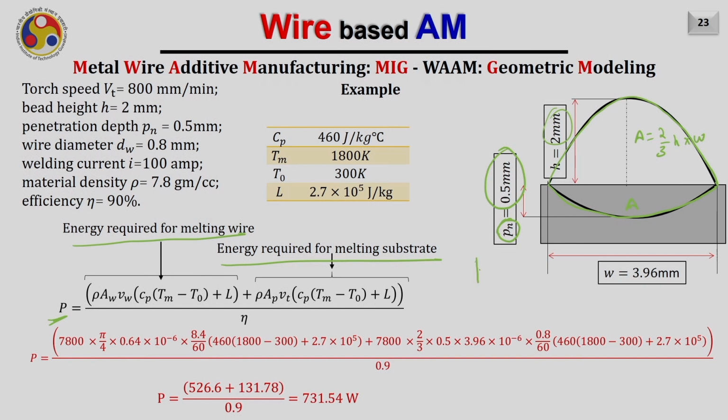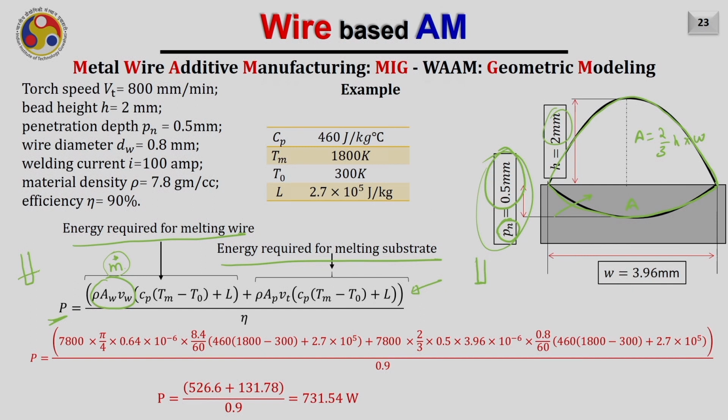The wire which is coming from the top, we know its volume flow rate, and we have to melt this, and at the same time we have to melt the substrate to get this much penetration. So this simple energy equation can be used here. Since I am trying to find the power, it involves m dot, the mass flow rate, which is the mass flow rate of the wire coming from the top.